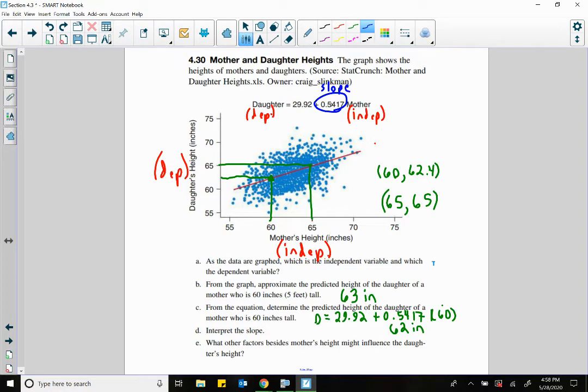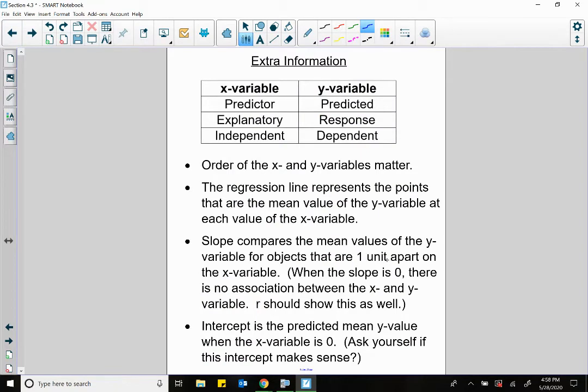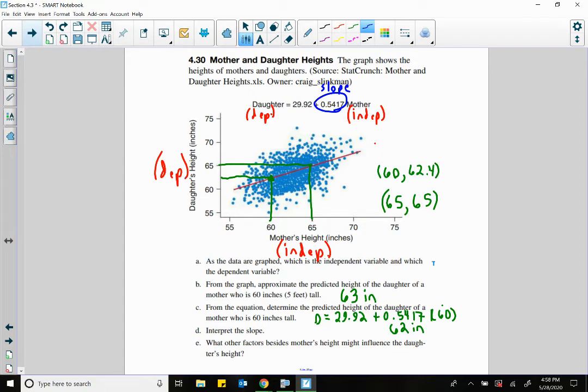What this means is that as your mother increases by 1 inch in height, by 1 unit apart, your daughter's height will increase by 0.5417 inches. That's what this means for the slope.